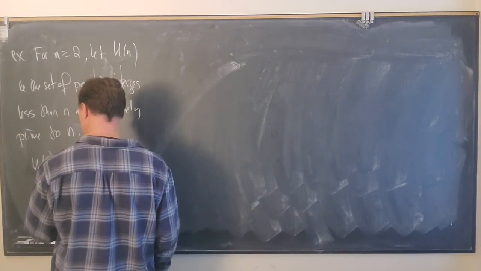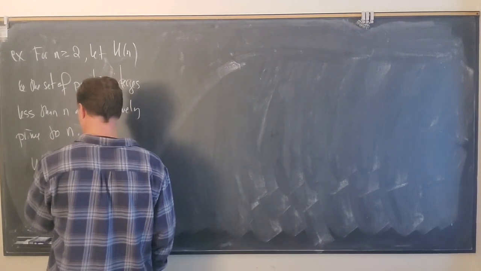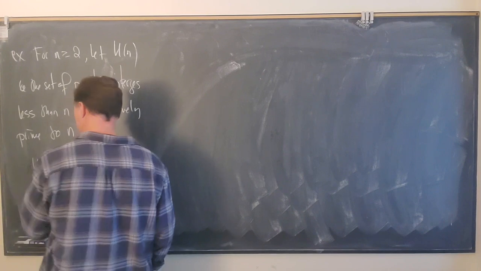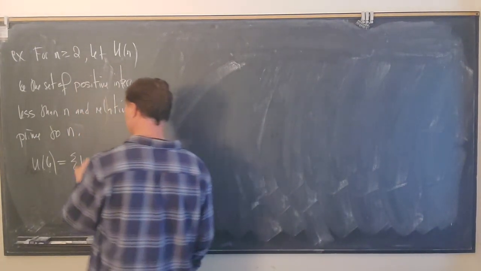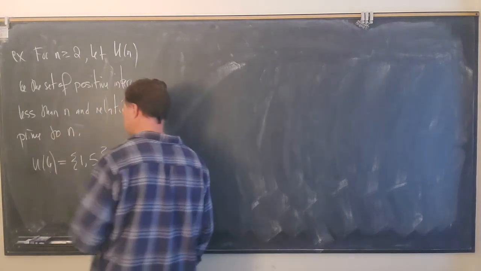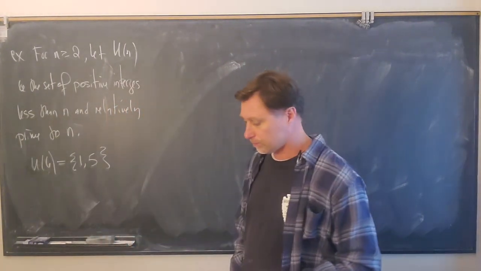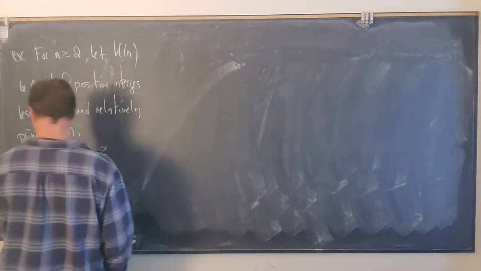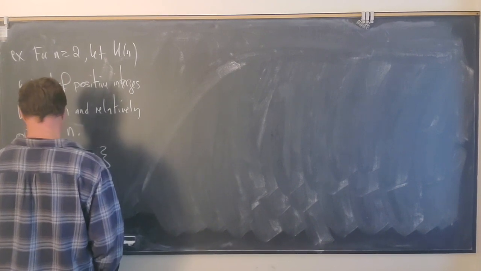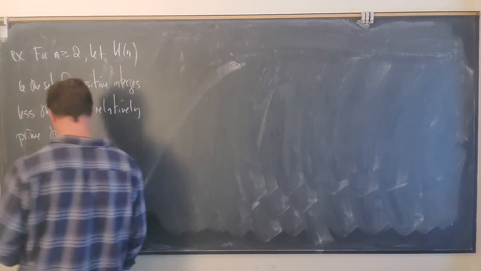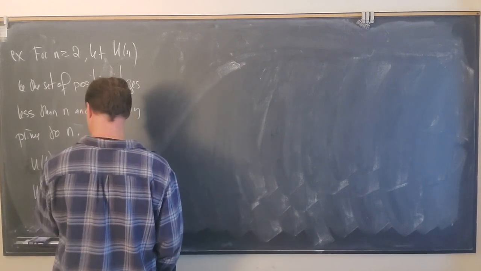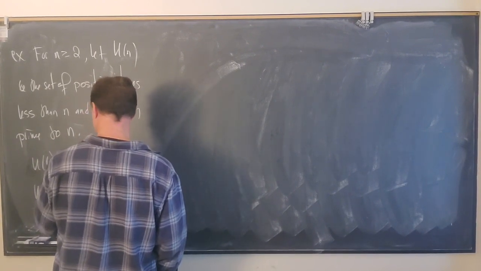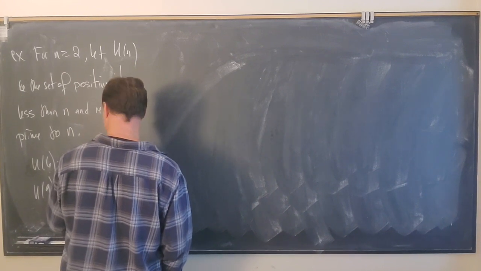And so we would just go through the list. Well, okay, so there's 1, of course. 2, no. 3, no. 4, no. 5, yes. And so that's U6. If I did U sub 9, 1 is always going to be in U sub n. And then 2 is relatively prime, 3 is not, 4, 5, 6 is not, 7, and 8.